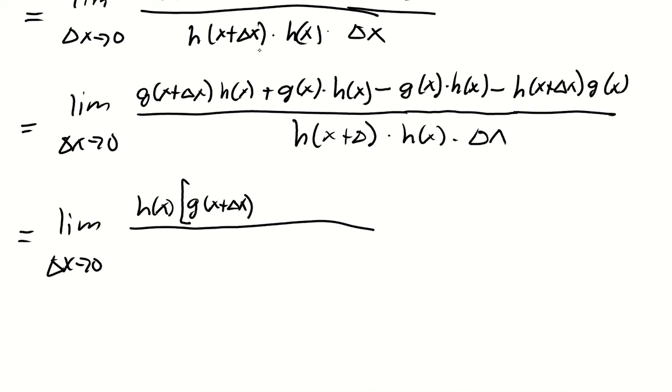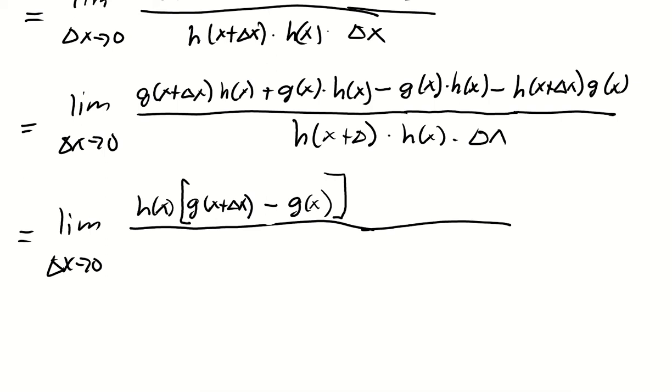Then we take the other one here, minus, because we need g of x plus delta x minus g of x. Remember, why do we need to do this? Because the definition of a derivative is f of x plus delta x minus f of x over delta x. So we need to subtract and factor out h of x.